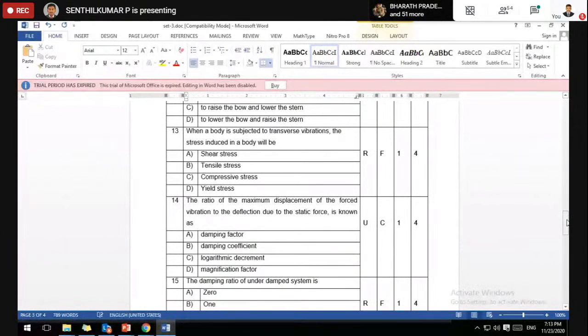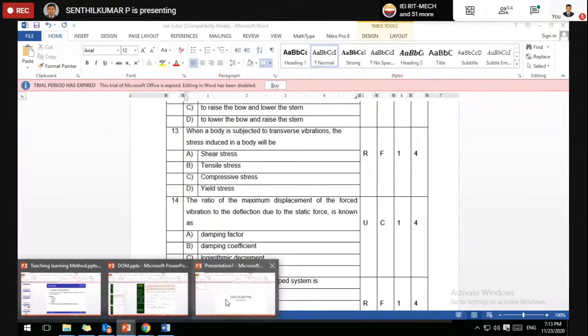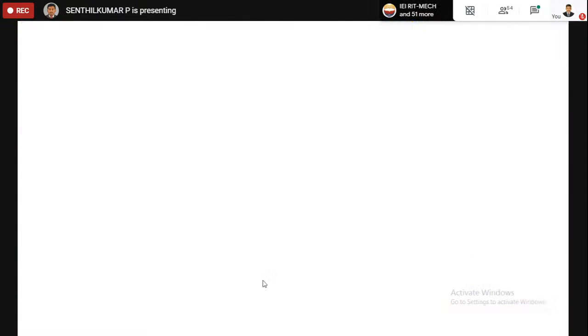When a body is subject to transverse vibrations, the stress introduced in the body will be? What is the answer for question 13? Not tensile, since it is subject to transverse vibration. So what does tensile mean? Let me write it here. There is a shaft like this. This is longitudinal.